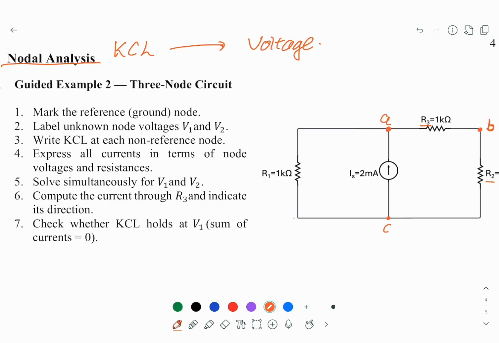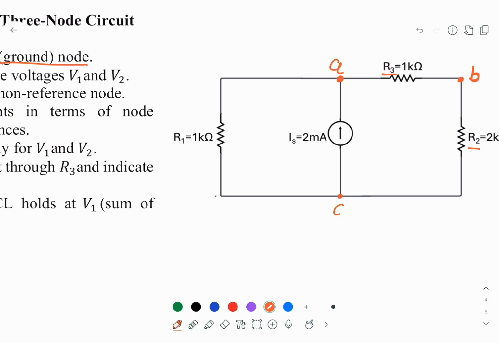So another important point is to find the reference ground node. So I will use C as our reference. If I use this one as ground, then the potential here, VC, must equal 0. So this is 0, this is 0.